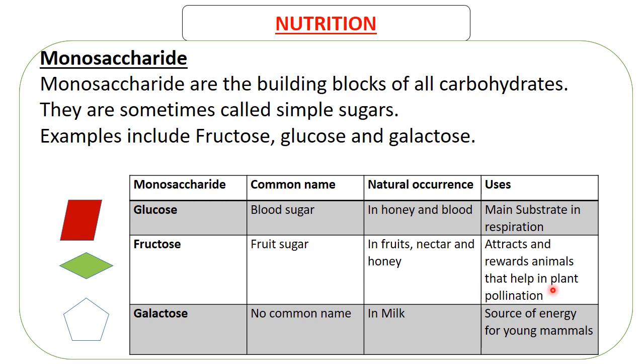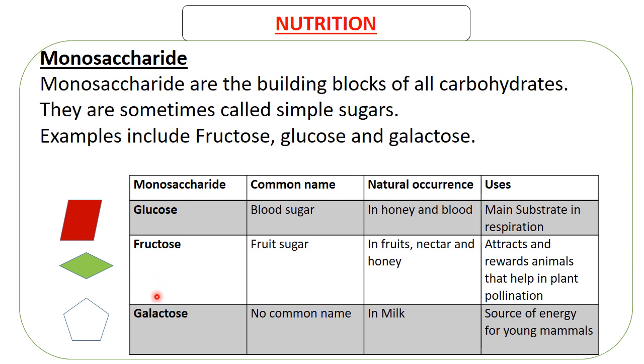I don't know if I should explain how pollination happens, but I'm sure you know. But in case you don't, when animals visit a plant to get this fructose, they can get substances called pollen grains attached to their bodies. In the process of moving, those pollen grains are dropped on the female parts of the plant, therefore making reproduction possible. So that's how fructose is used by nature.